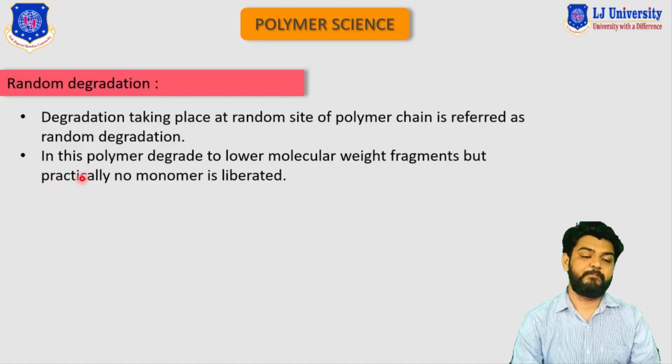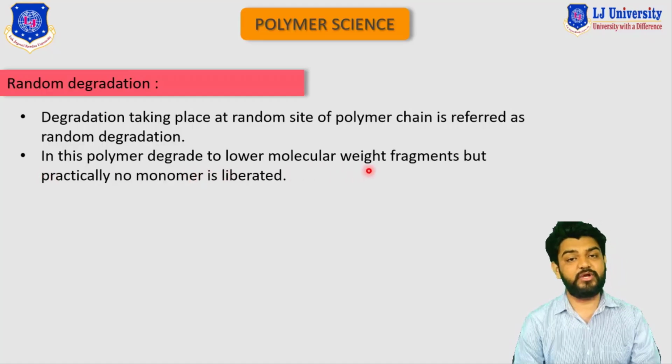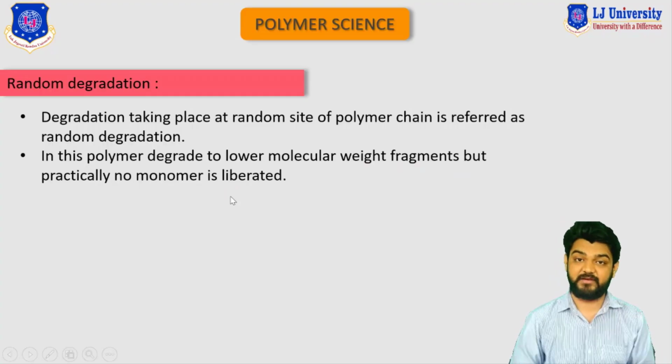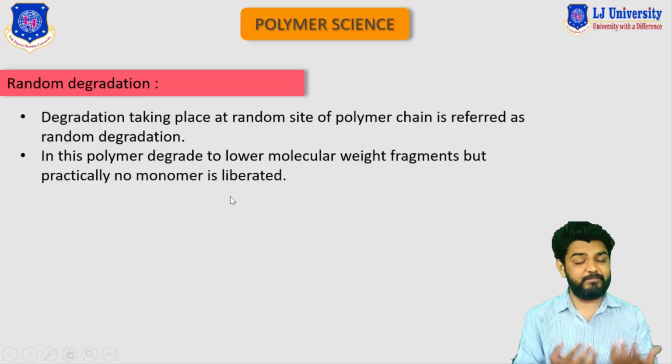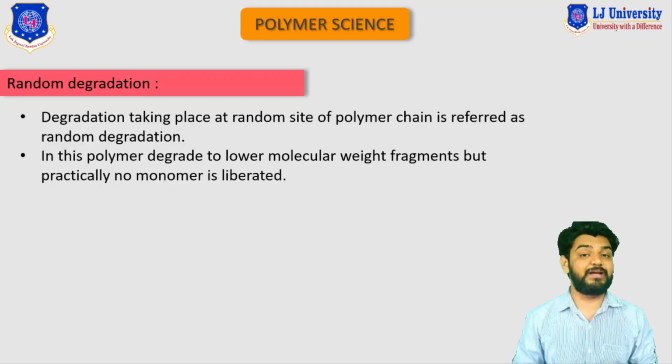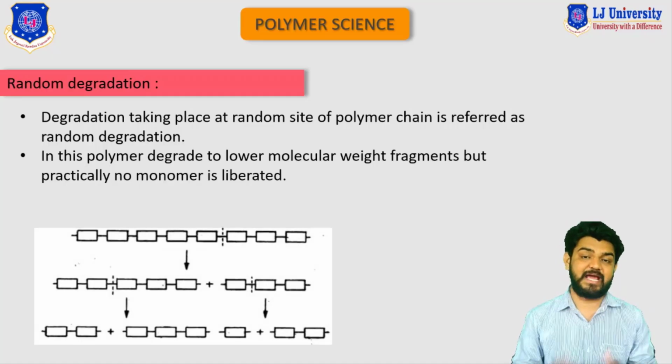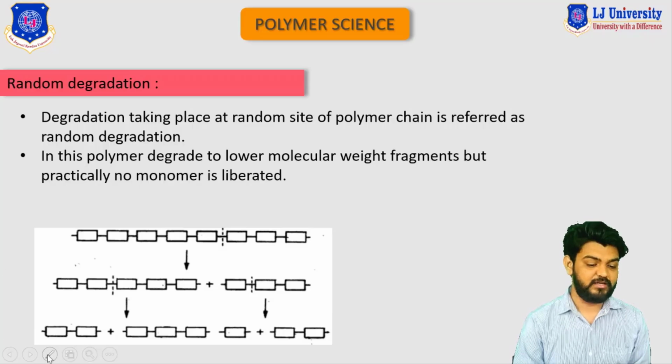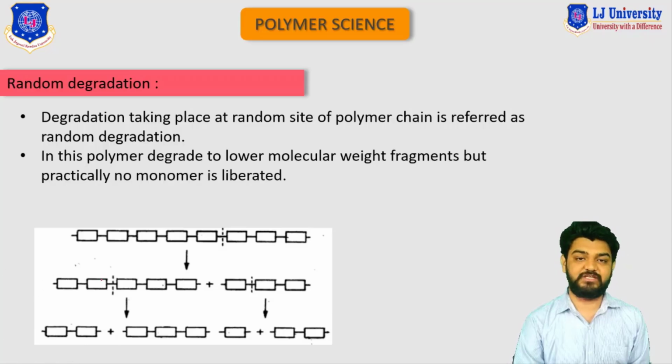In this, the polymer degrades to lower molecular weight fragments, but practically no monomer is liberated. So practically in this type of case, no monomer is liberated, but a group of monomers is liberated. Now here in this image, you can see this random degradation. Let me just take a pen again so that I can explain this.